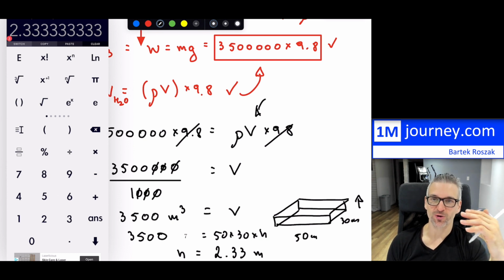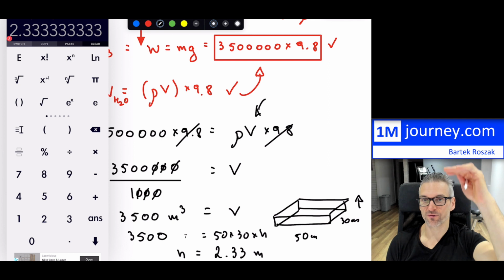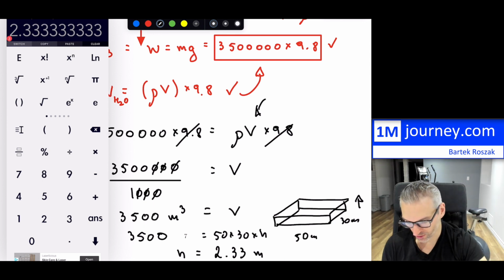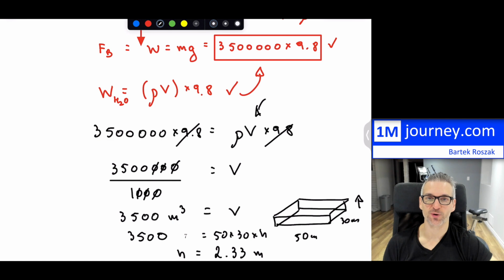So we obviously don't want to put too much stuff onto the boat, because eventually it's going to get very close all the way to the top, and we don't want to sink this particular cargo ship. So there you have it, that's this example for you.